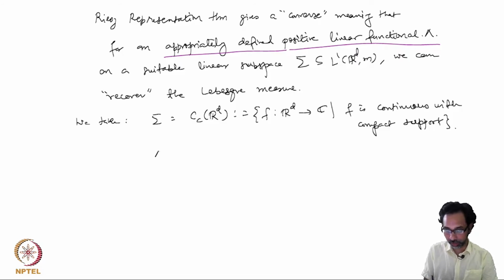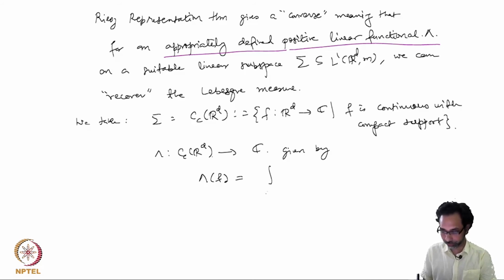and when you define lambda from Cc(Rd) to C given by lambda f equals the integral over some big box B, or let me write Rd here, of f(x) dx.